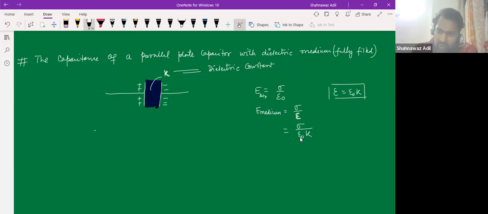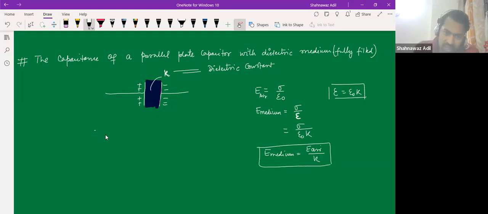So if we put this value, E medium would be sigma by epsilon naught, which is E air, divided by K. So the field is reduced by this K factor.